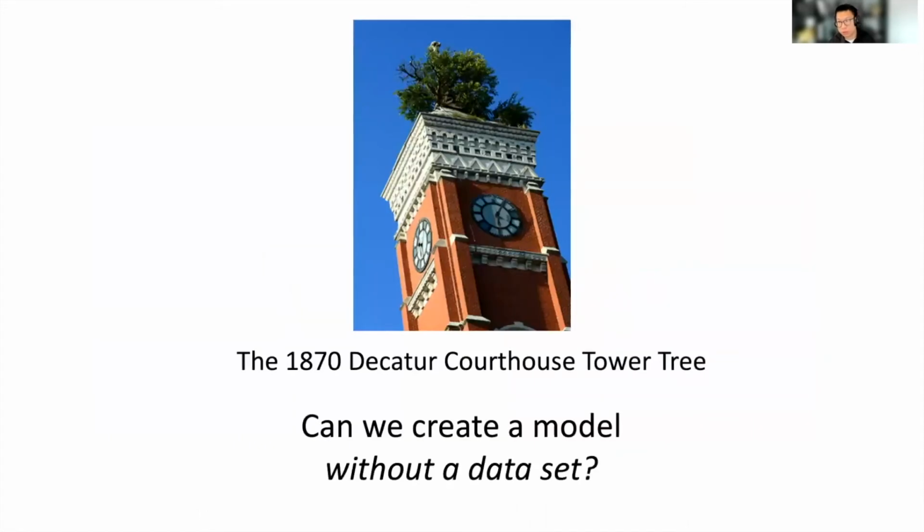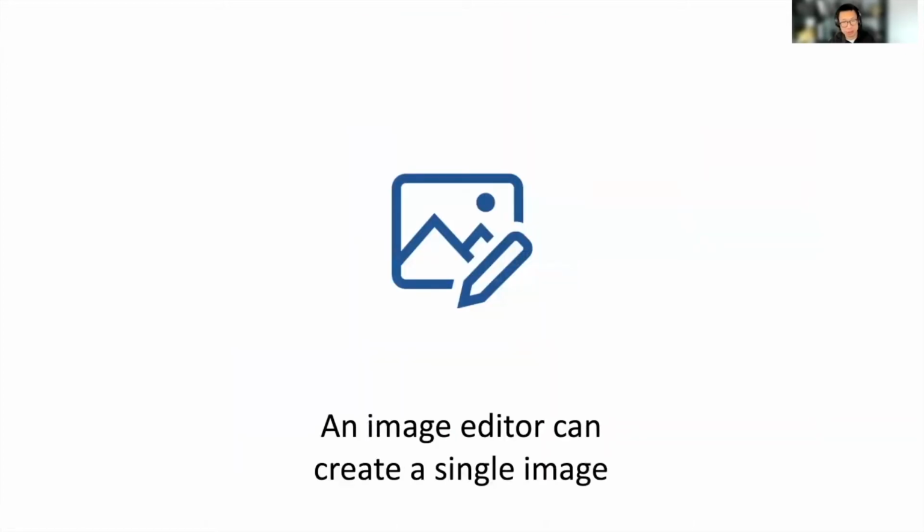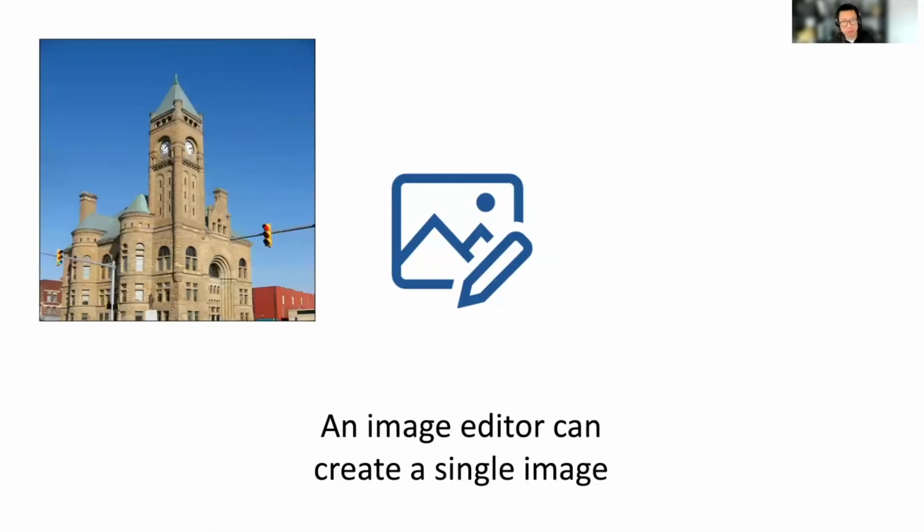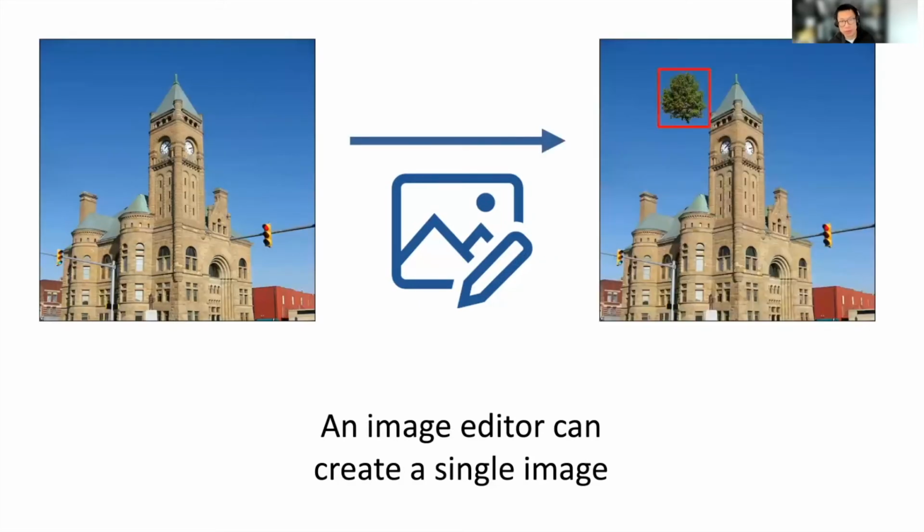And there are other ways of interacting with the model. For example, we'd like to create a model which has trees on top of this tower, but the issue here is we only have one or two images of this particular interesting phenomenon. If we wanted to do the same thing for an image, we can just open a software and copy and paste a tree on top of the tower and maybe do some blending.